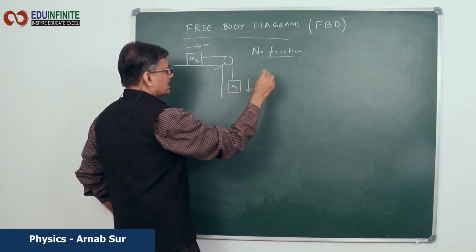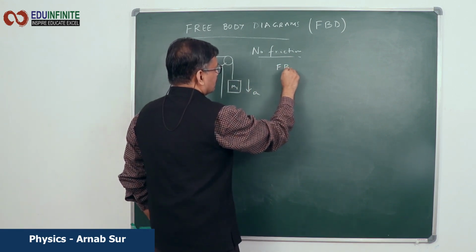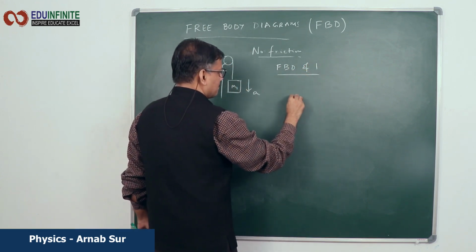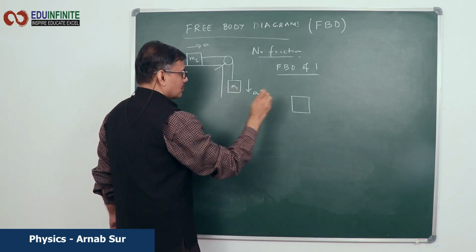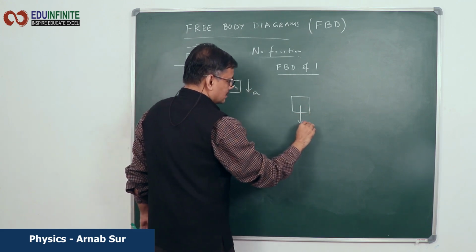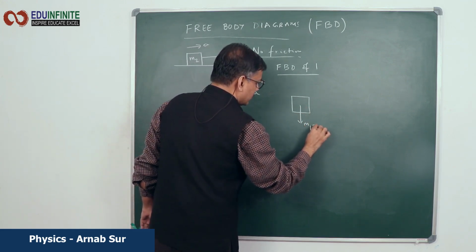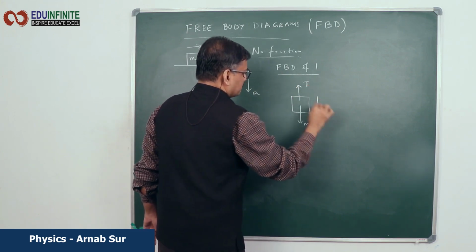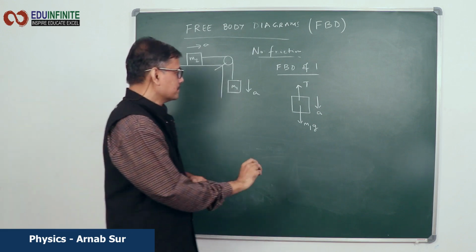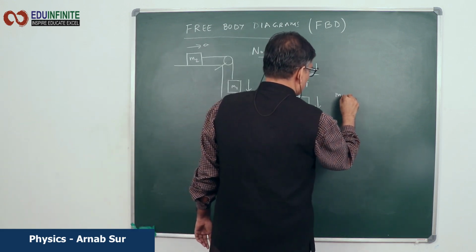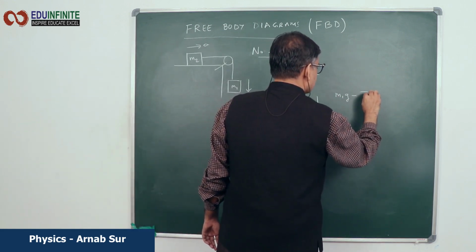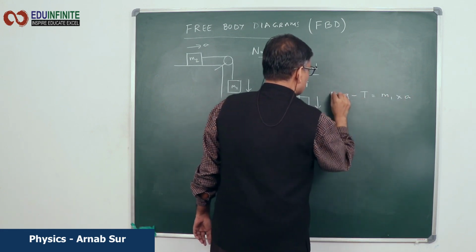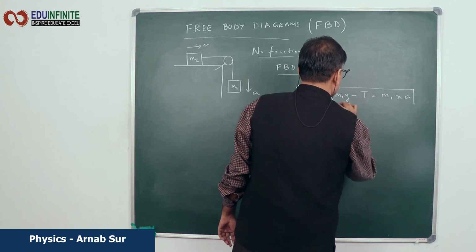For body 1, if we draw the free body diagram for M1, just like the previous case, it will be M1G, tension T, acceleration a. So my equation will be M1G minus T is M1 into a. This is one fundamental equation.